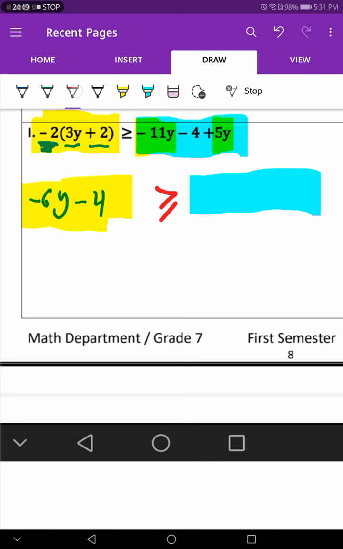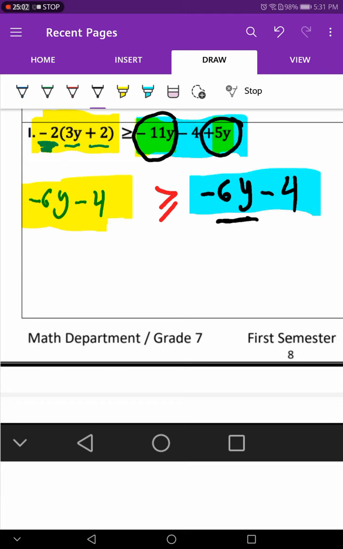It is equal to -6y, -4. Don't ask me from where I get this. You know, you combine this. Negative 11 and 5 I have, so the answer is negative 6y.